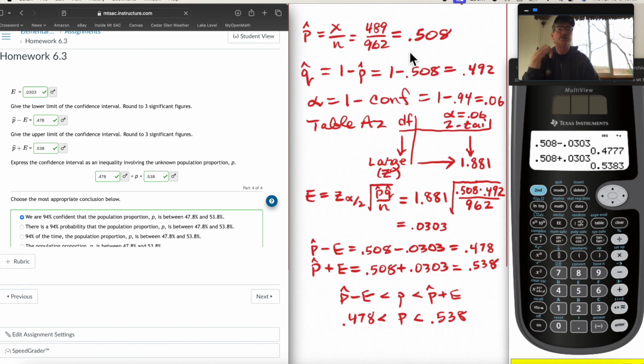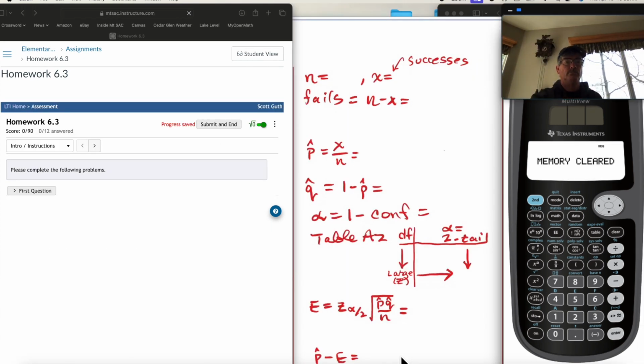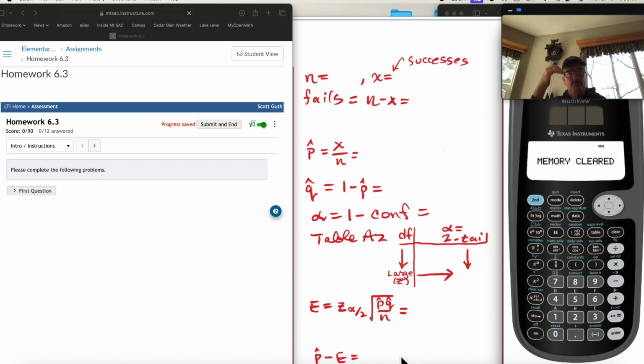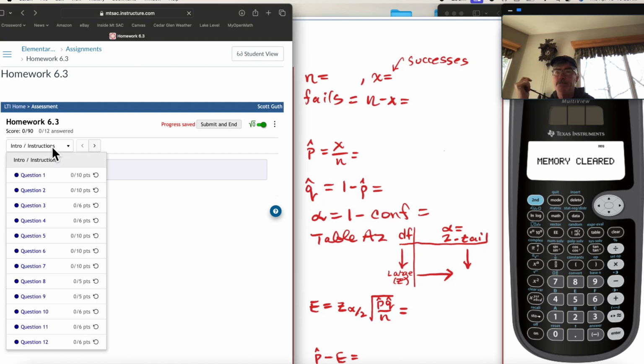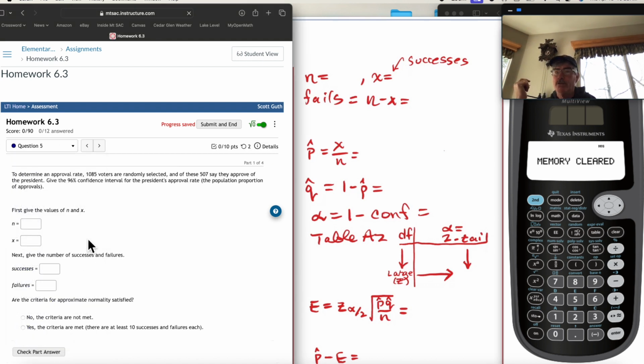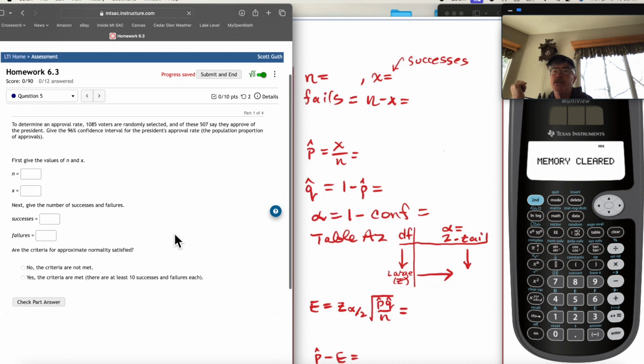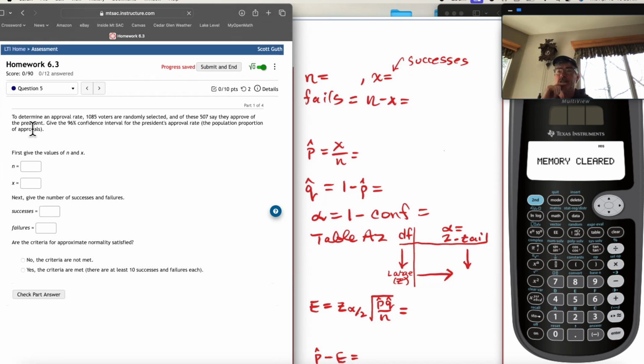And now we're going to go on to another one. Okay, so now we're going to look at question 5. So let me jump ahead to that. Okay, so this one says to determine an approval rate, 1,085 voters are randomly selected.